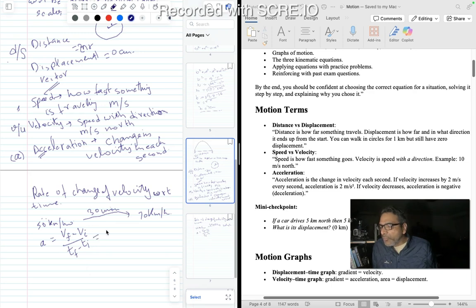So it can also be sometimes written as delta v over delta t.